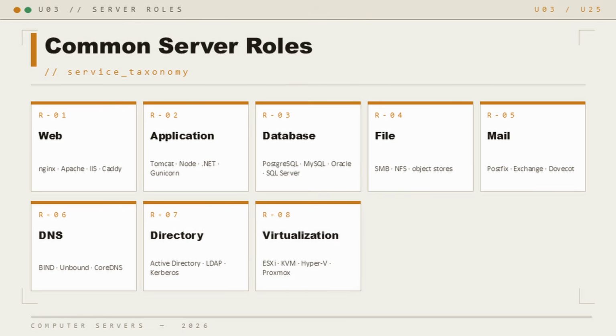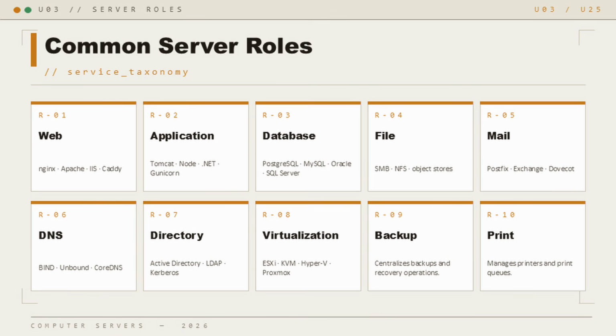A virtualization host is a server that runs multiple virtual machines on a single physical computer using a hypervisor. A backup server is a server that centralizes backups and recovery operations. And a print server is a server that manages printers and print queues for many users.